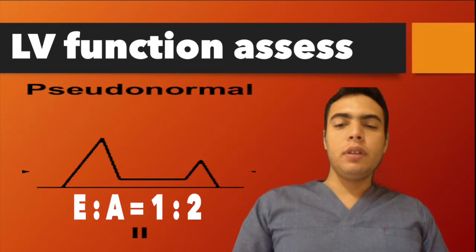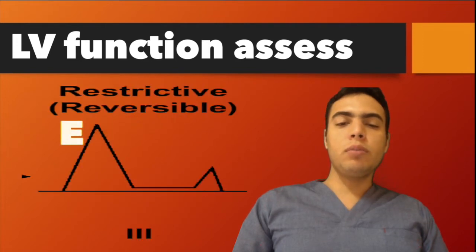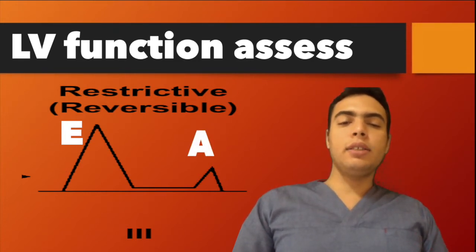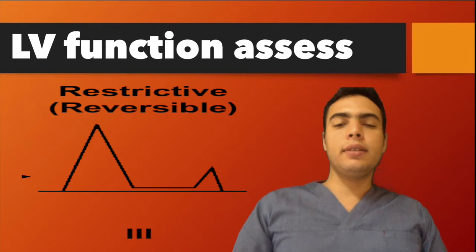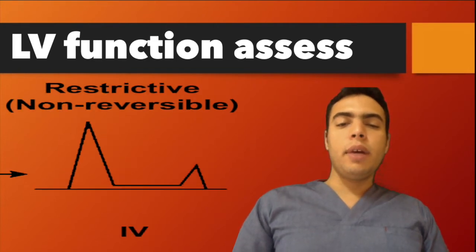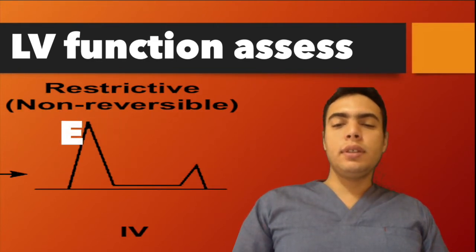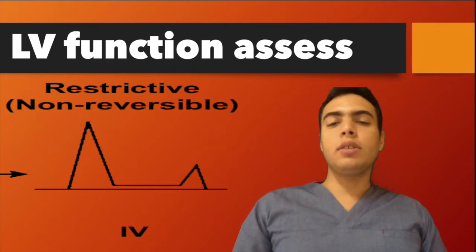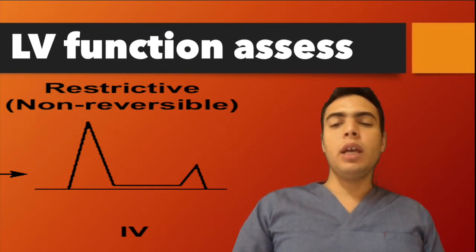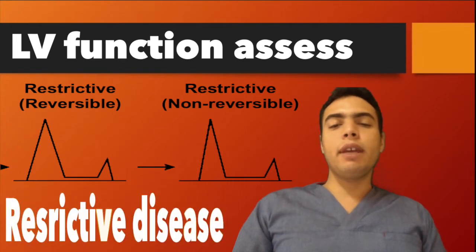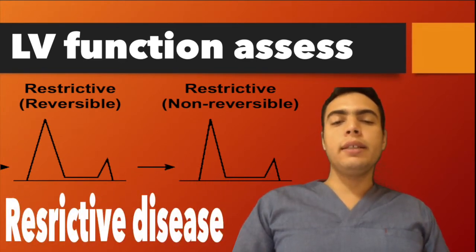If the A wave becomes too small, as you can see here, compared to the E wave, it is grade 3 diastolic dysfunction, which means less than the half. But now if the A wave starts to dissociate from the E wave, becomes further away, this means grade 4 diastolic dysfunction, which is irreversible. Actually, in grade 3 and grade 4, we consider it restricted.